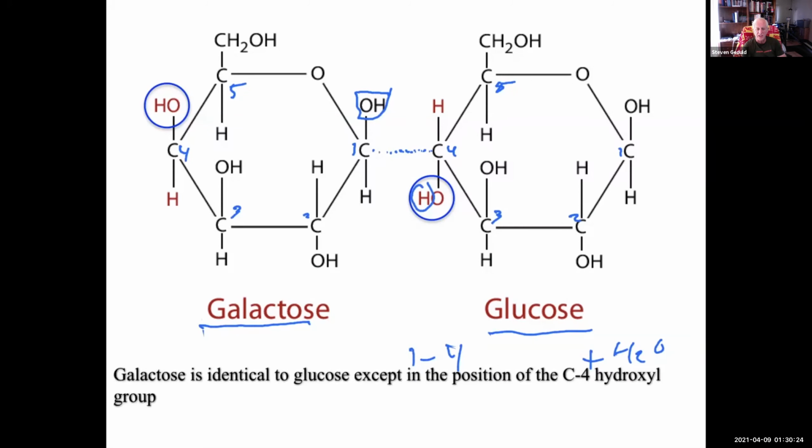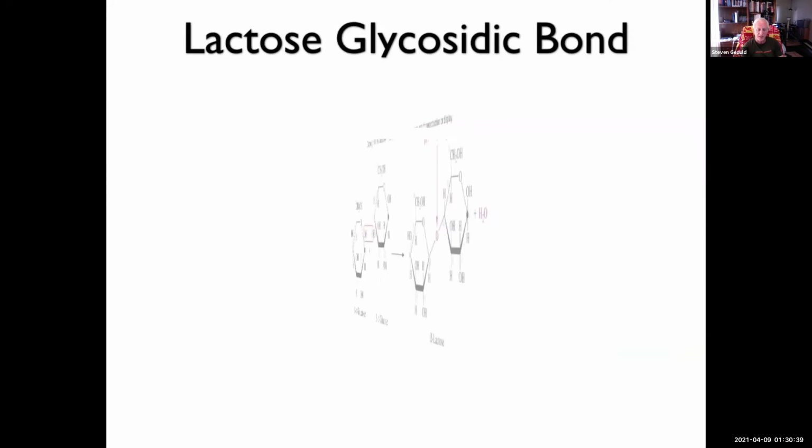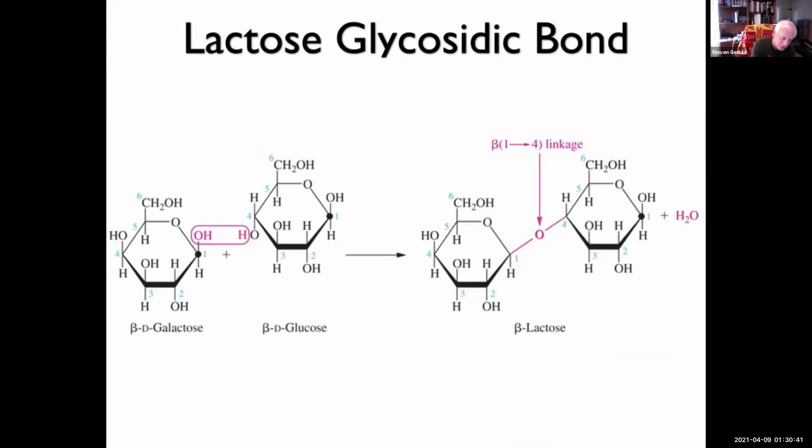Okay, so galactose is identical to glucose, like we said, except at the number 4 carbon, the hydroxyl group is down on glucose and it's up on galactose. Okay, so the lactose glycosidic bond. Here's your beta D-galactose. Here's your beta D-glucose. Why are they beta?